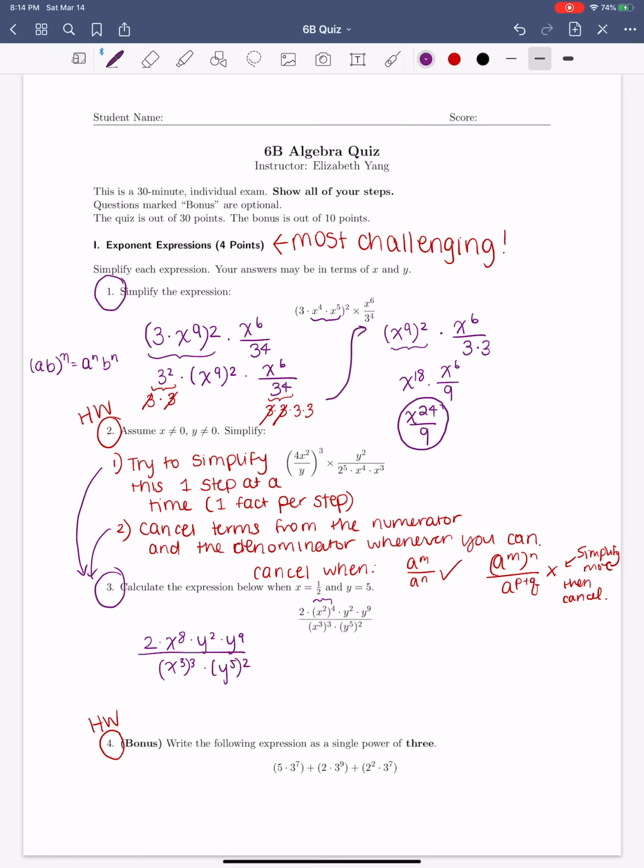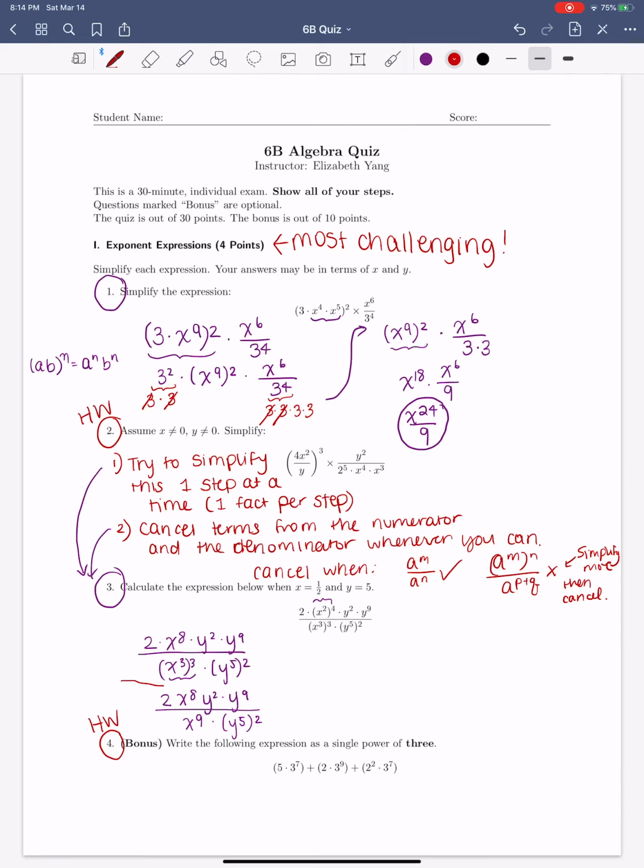Okay, in the next step, I actually want to do the x's. So I get 2x to the 8th, y squared times y to the 9th. So to simplify these, for the x cubed, I have to multiply the exponent. So I get x to the 9th times, this doesn't change. And at this point, I can start canceling x's.